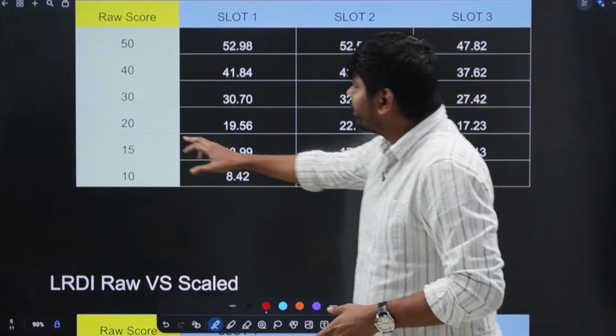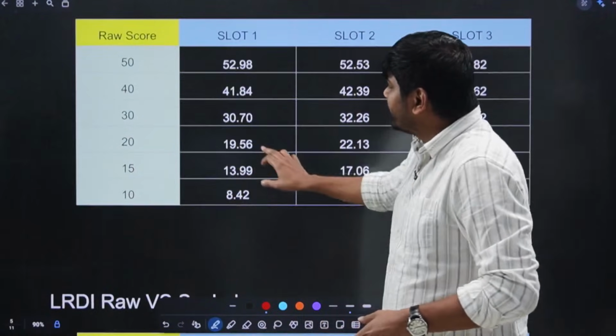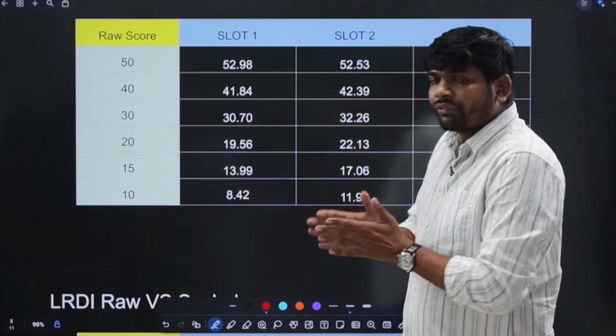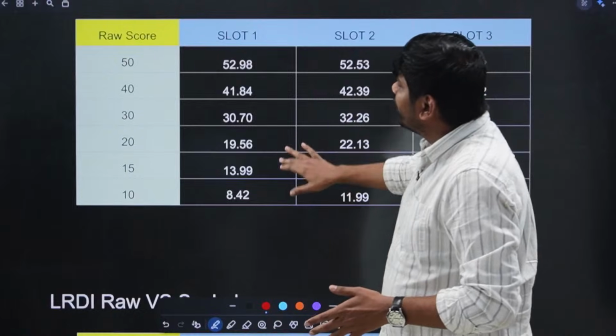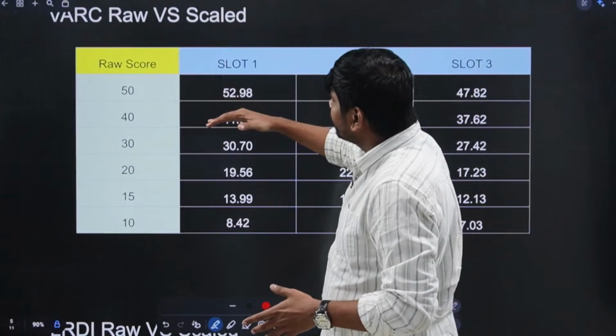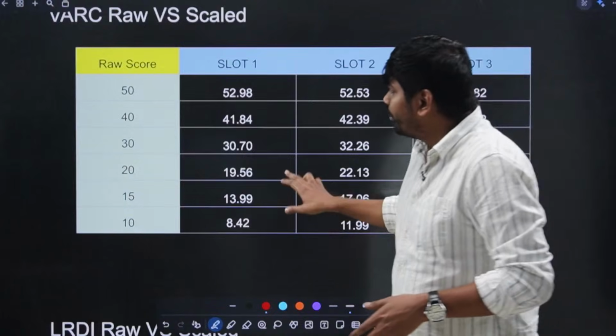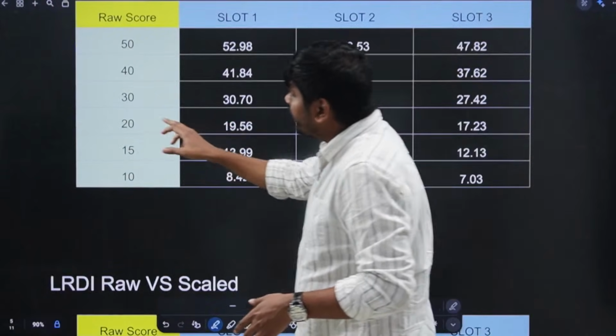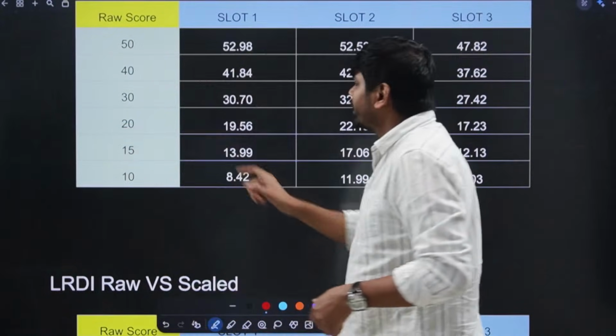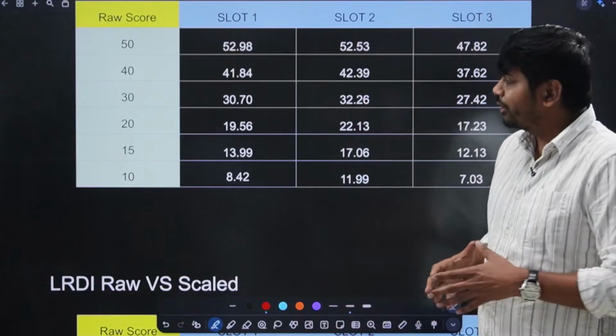Now if you look at a score of 20, it is getting scaled down. So if you have done well in the VRC section, if you are scoring well, you will get scaled up. But if you have not done well in VRC, you may get scaled down at lower marks, around 20 marks, 13 marks. So this is the scenario.